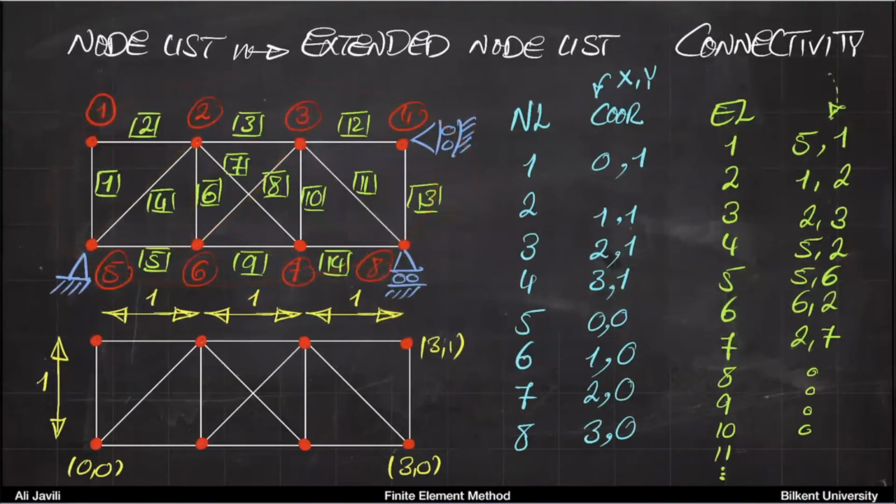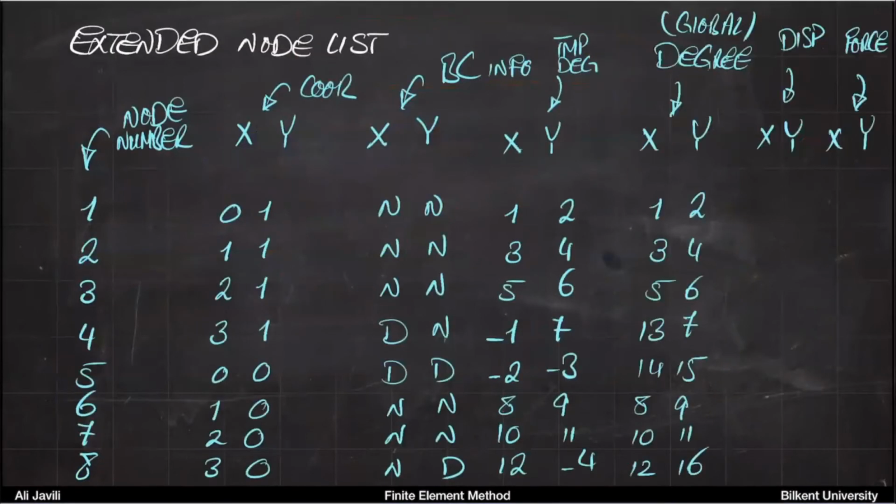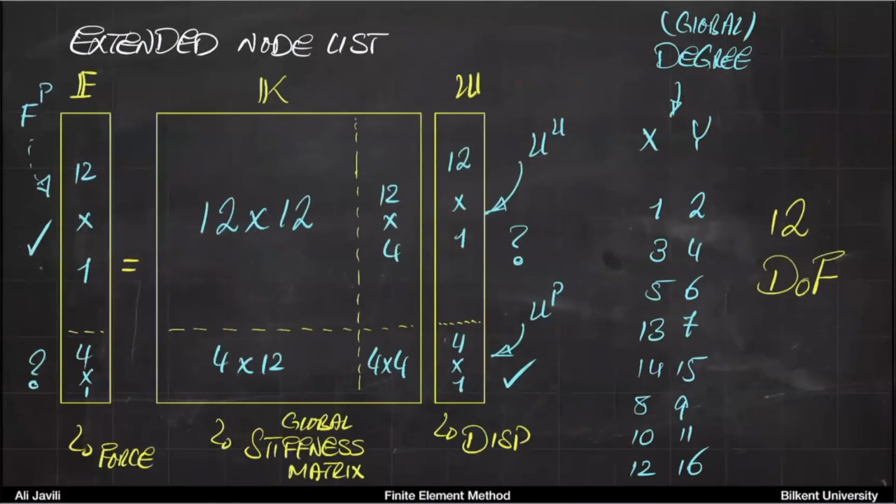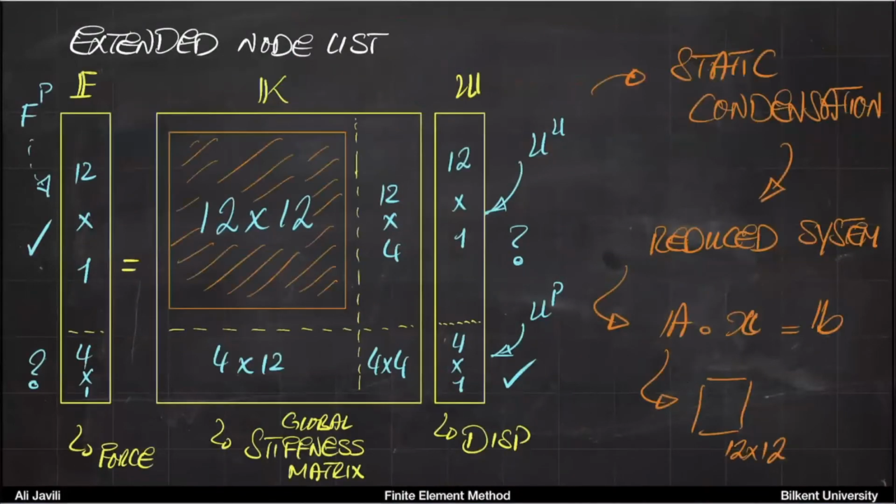We just learned together how to generalize our extended node list understanding to two-dimensional problems, how to do the connectivity and come to the reduced system. The only thing we don't know yet is how to write the stiffness of an element in a two-dimensional problem or in a two-dimensional space.